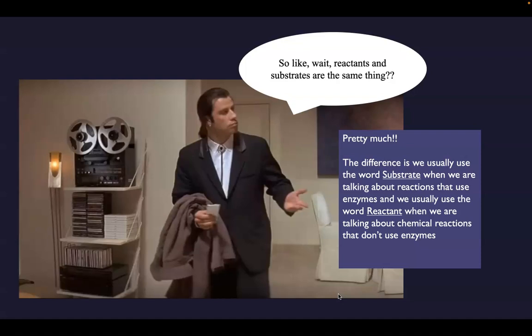When we're talking about things that are using enzymes, we're probably going to use the word substrate. That's why you see these words interchangeably next to each other, and it's hard to distinguish when to use which one. But that's your clue. If an enzyme is present, you would call it a substrate. If there's no enzyme present in the reaction, you would just call it a reactant.